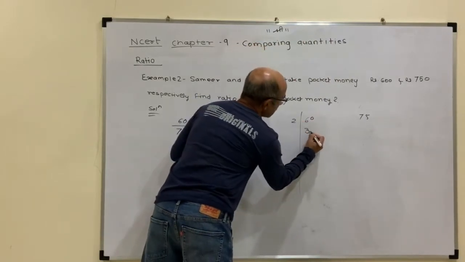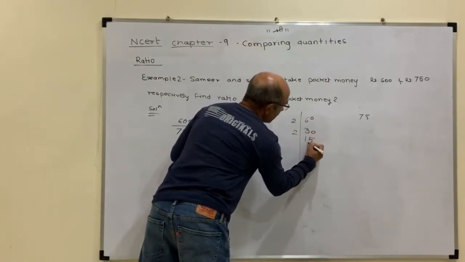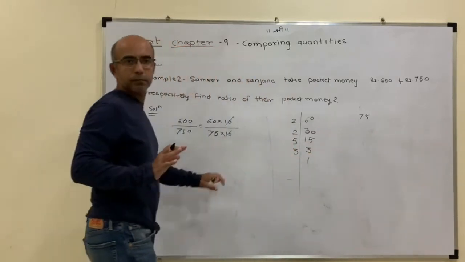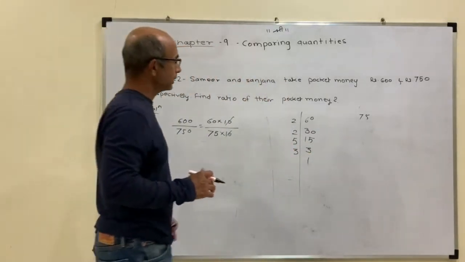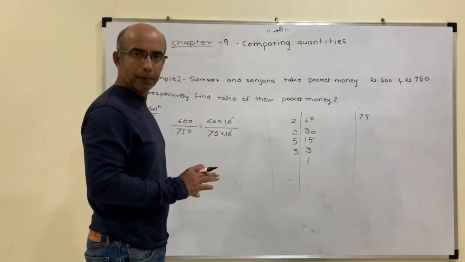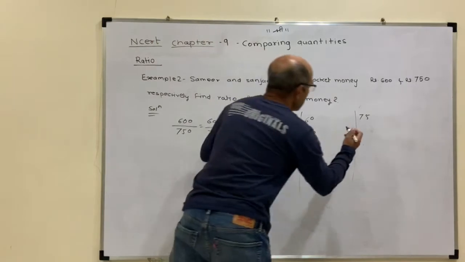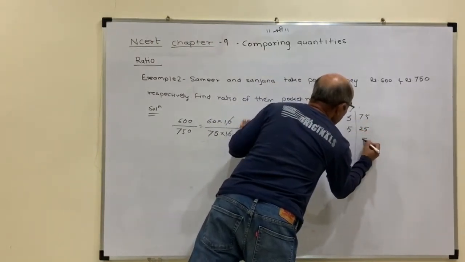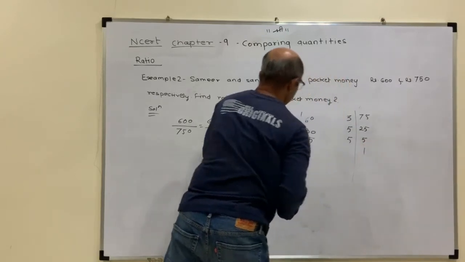2 30, 2 15, 5 3s are 15, 3 1s are 3. Okay. Now 75: can 75 be divided by 2? No. Can it be divided by 3? Yes. 3 25, 5 5s are 25, 5 1s are 5.